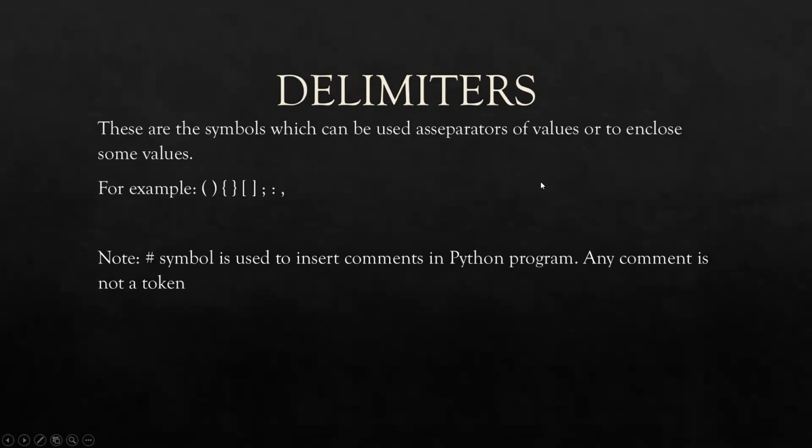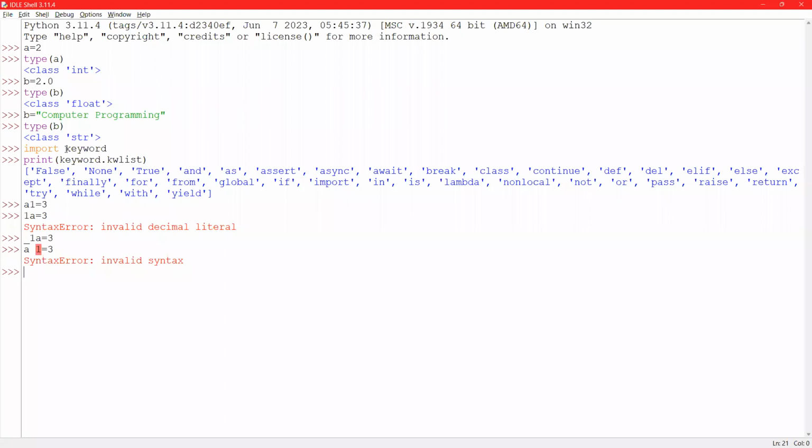Delimiters. Delimiters are actually the punctuators which are used as the syntax in Python language. These are the symbols which can be used as separators of values or to enclose some values. For example, you have already seen I have been using these small brackets, and you can see here in the result, the big brackets have been used.